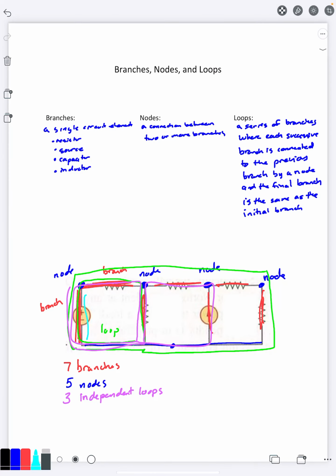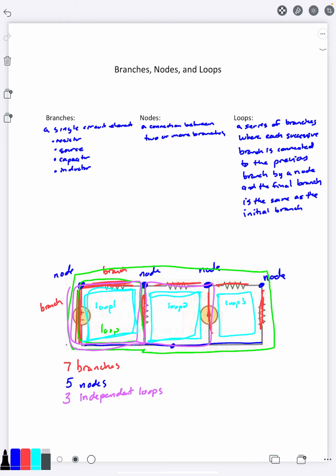I could use this one right here as loop 1, this one right here as loop 2, and this one as loop 3. And if I use those, they would be independent and it'd be fine. Now again, it's not the only choice of 3, but it's probably our most convenient choice of 3 loops.